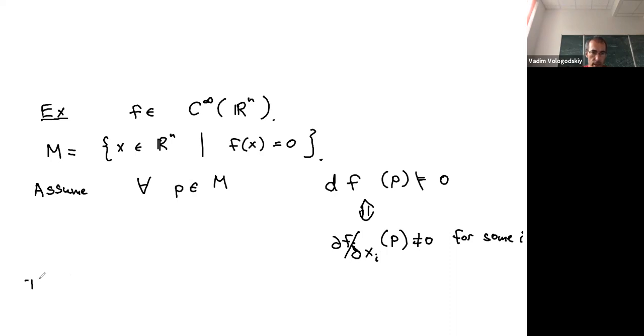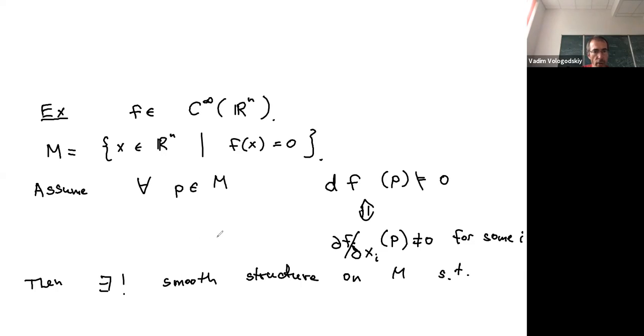Then there exists a unique smooth structure on M with the following property.